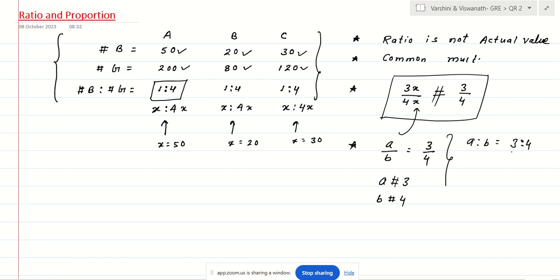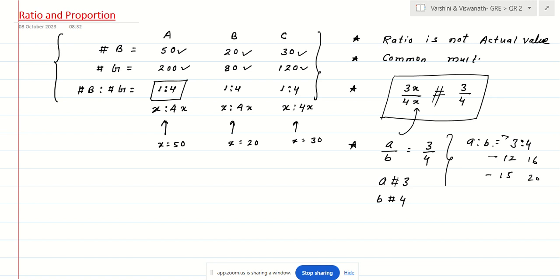It could be 12 and 16, it could be 15 and 20, isn't it? So I cannot assign 3 to A and 4 to B. Very simple: ratio is not the actual value.